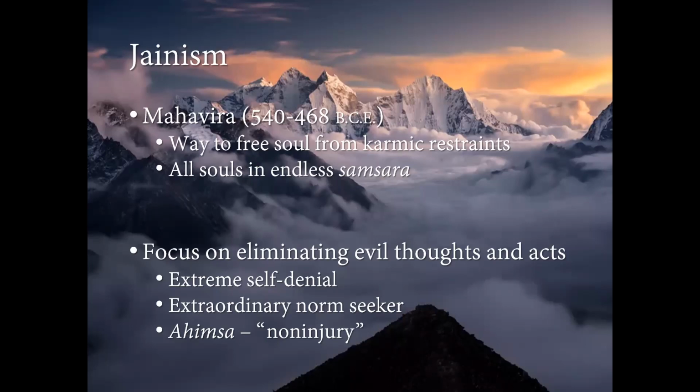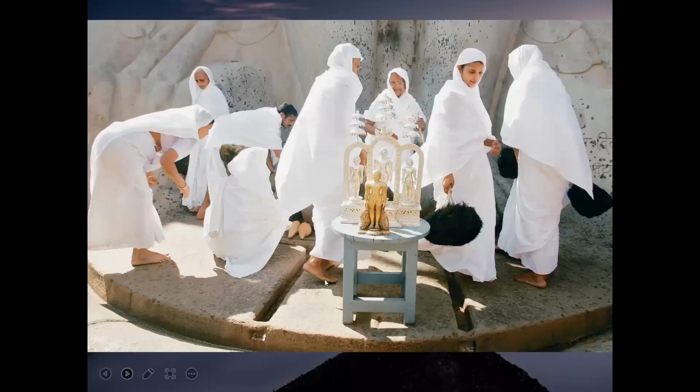Similar to monasticism in other traditions, the others are mostly laymen. There are about 3 or 4 million Jains in Western India today. This is a set of Jain pilgrims attending a ceremony in India.